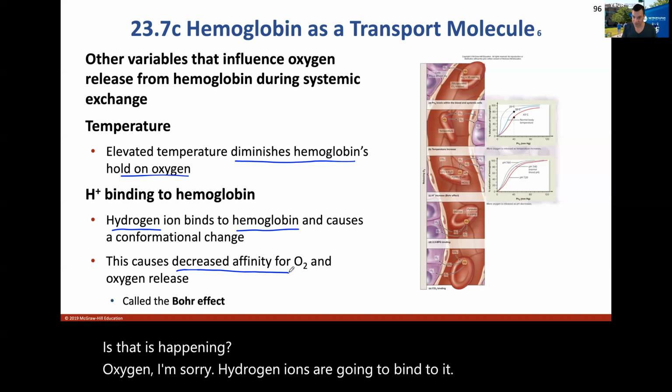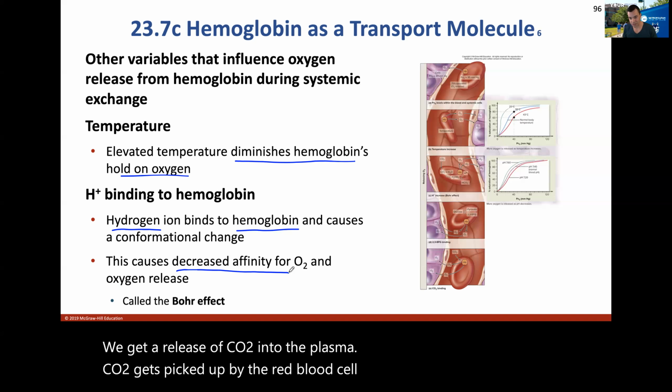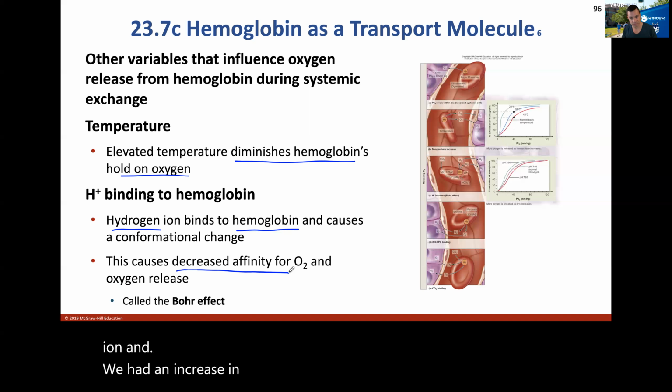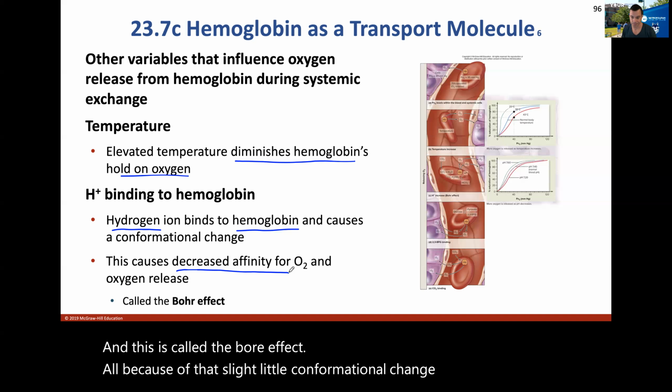We get a release of CO2 into the plasma. CO2 gets picked up by the red blood cell, gets converted into bicarbonate ion, and we get an increase in hydrogen ions. And this is called the Bohr effect, all because of that slight little conformational change that has occurred.